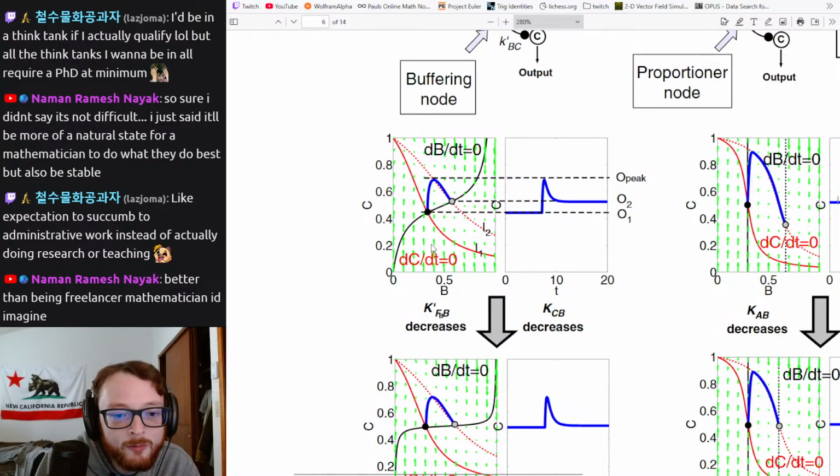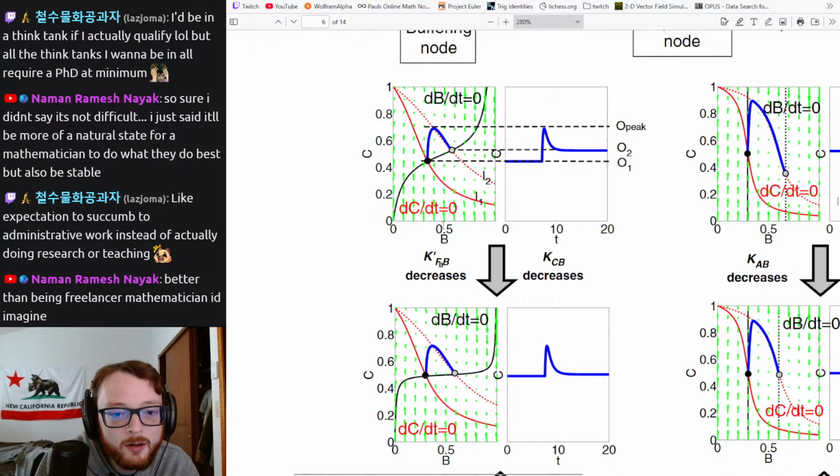Why are we crossing over null clines? Do I not know what a null cline is? Maybe I don't. Is this an example of an initial condition, maybe? I1, I2. Huh.